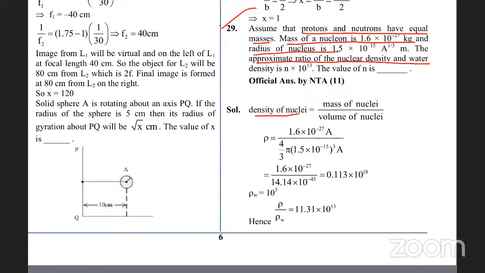So we know that density definition is mass by volume. Since the density of water is 1, based on that, you can find out the value. So the answer is 11. It is directly based on the density concept, mass per unit volume.